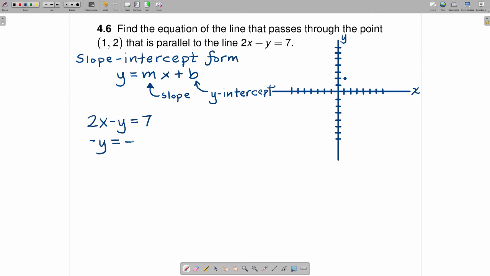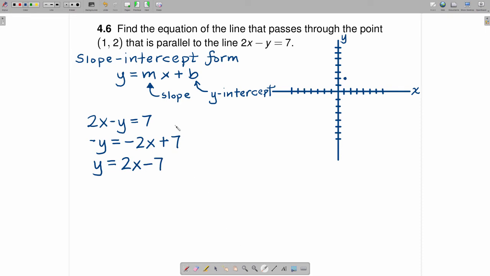When you subtract 2x from the right-hand side, you get minus 2x plus 7. But again, we want to have y by itself on the left-hand side, and right now we have a negative y, so we want to multiply both sides of this equation by negative 1. When you multiply the left-hand side by negative 1, you get y. When you multiply the right-hand side by negative 1, you get 2x minus 7.